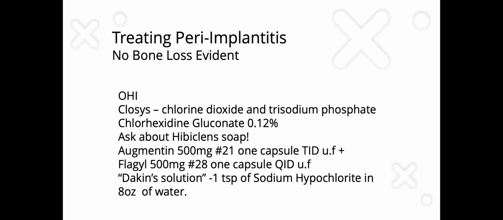That is pretty much chlorhexidine gluconate, but it's a 4% solution. You can prescribe them Augmentin, or a combination of Augmentin and Flagyl if it's a constant problem that you see with them with peri-implantitis. I would try to nip it in the bud with Augmentin and Flagyl.